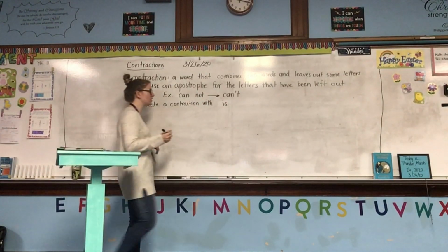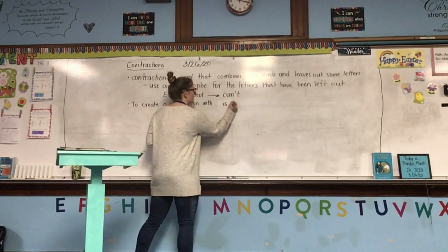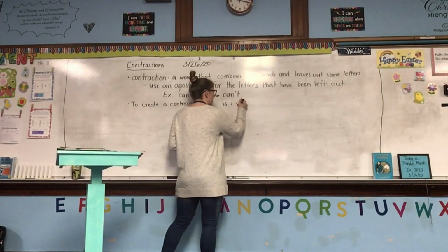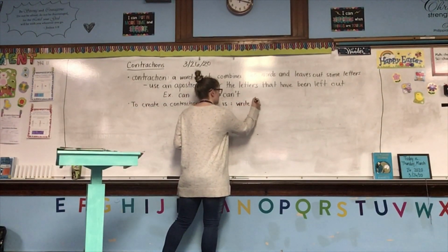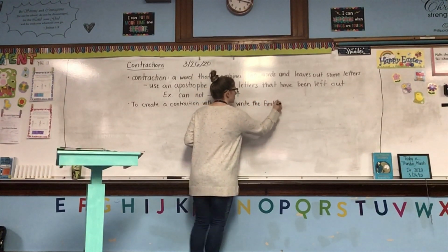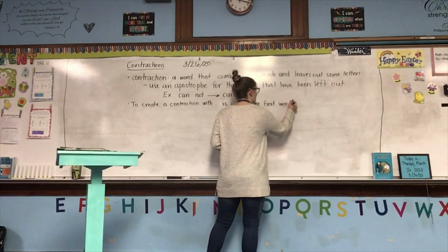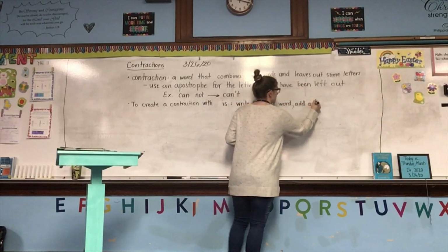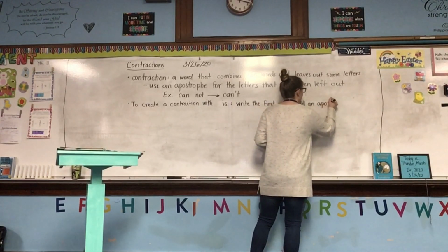Make sure you rewrite to create a contraction with is. And so what you do is you just write the first word, whatever the first word in your contraction is, add an apostrophe.